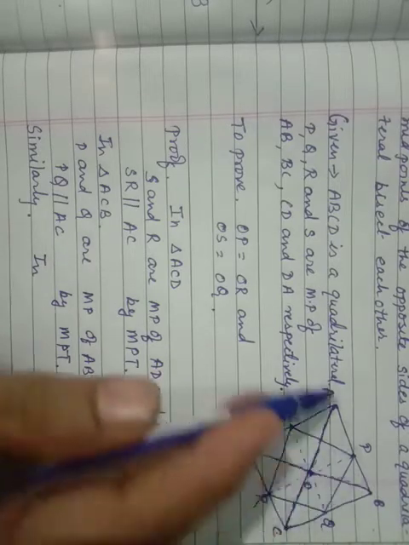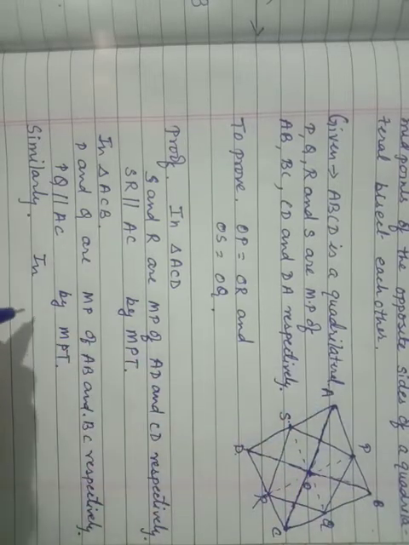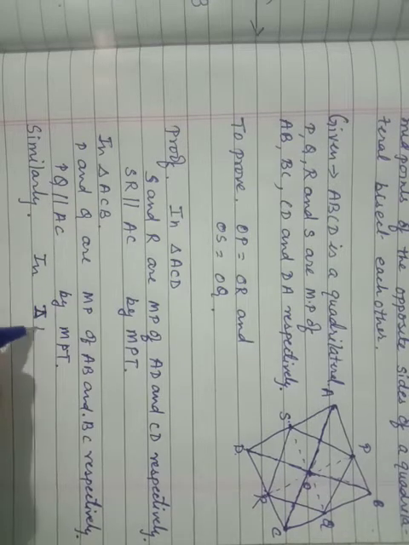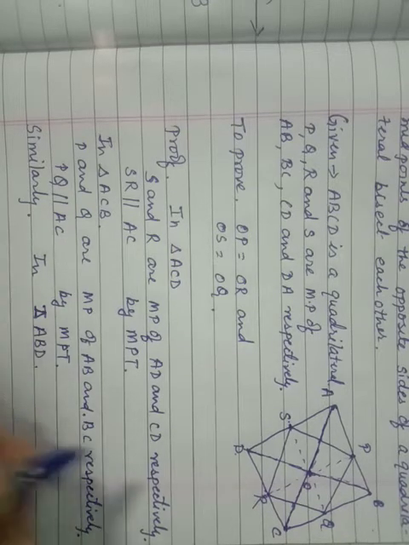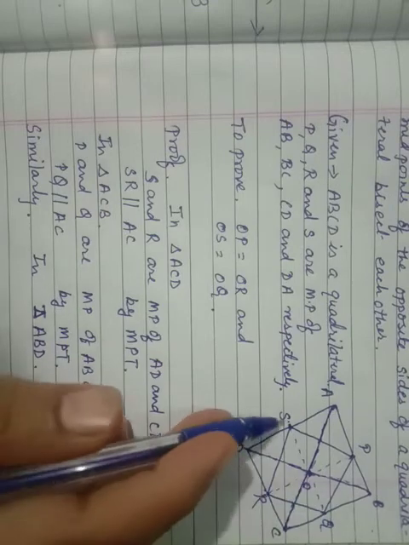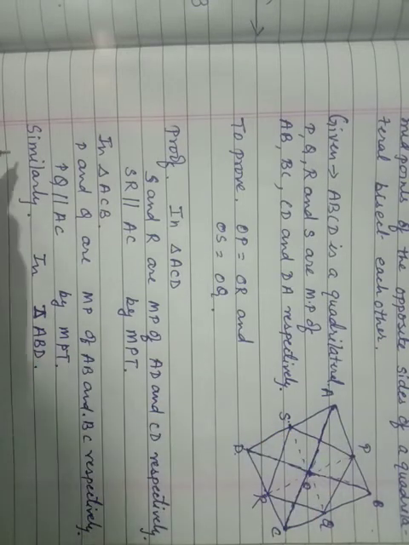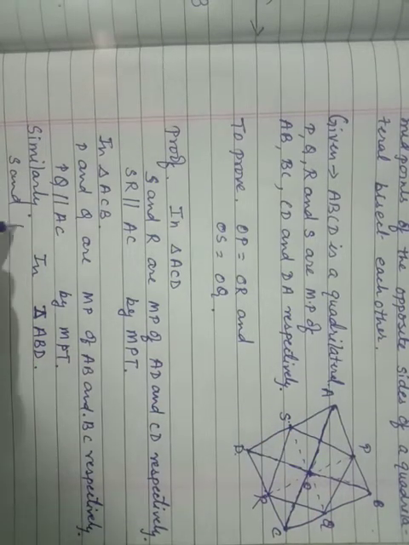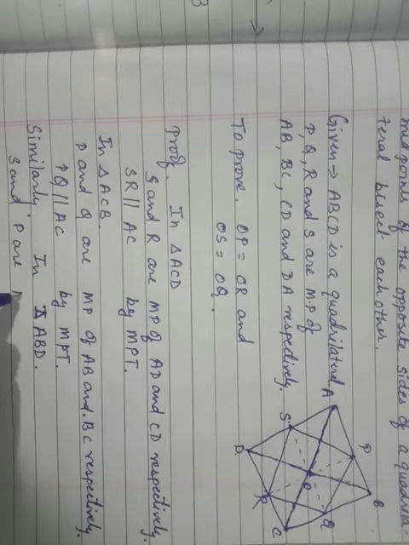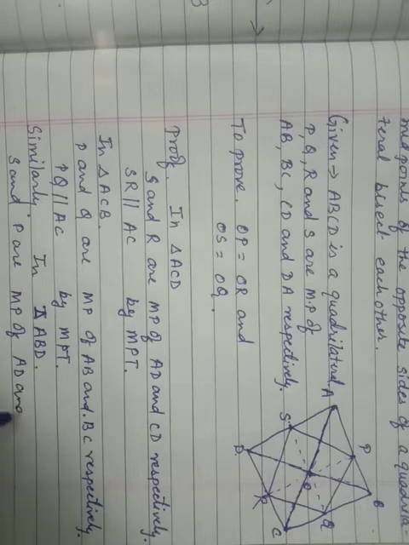In triangle ABD, S is the midpoint of AD and P is the midpoint of AB respectively.